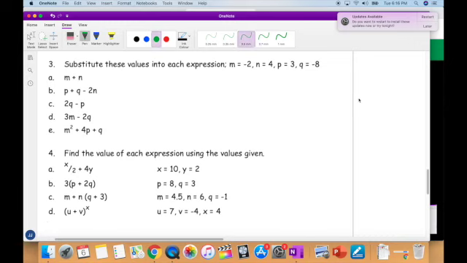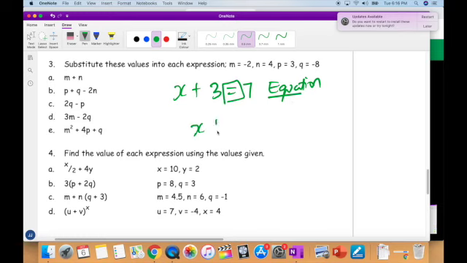Real easy. Oh, one thing I wanted to note. This says an expression. What is the difference between an expression and an equation? Equations have an equal sign. Very good. So x plus 3 equals 7 is an equation because it has an equal sign.